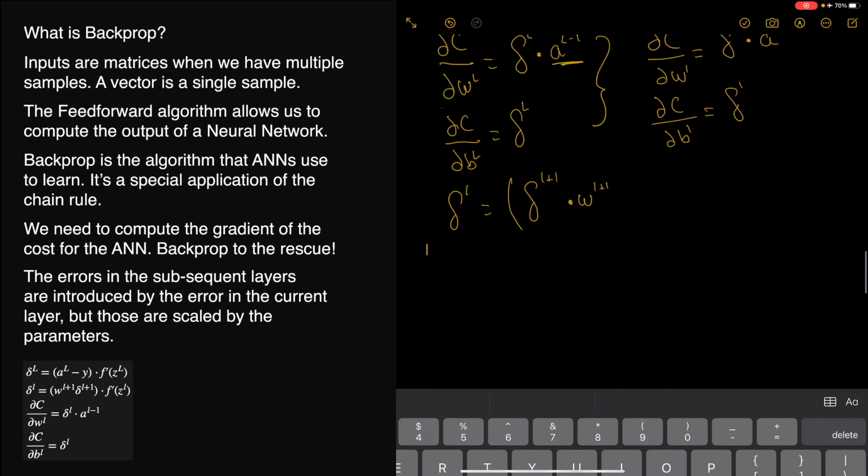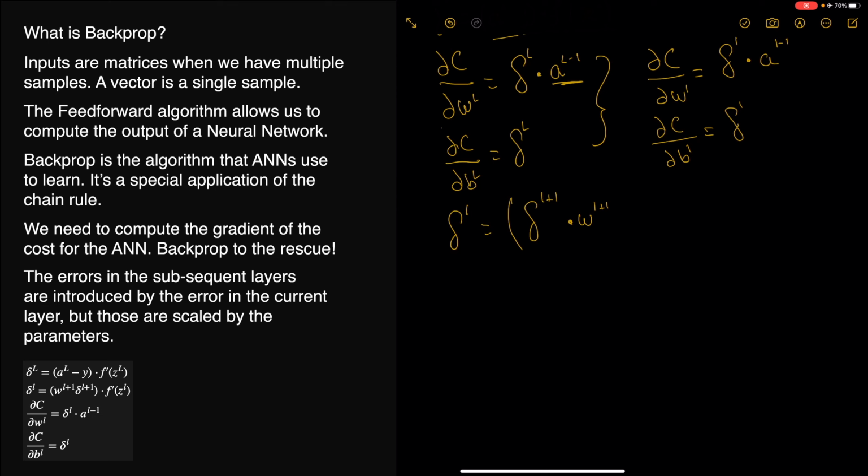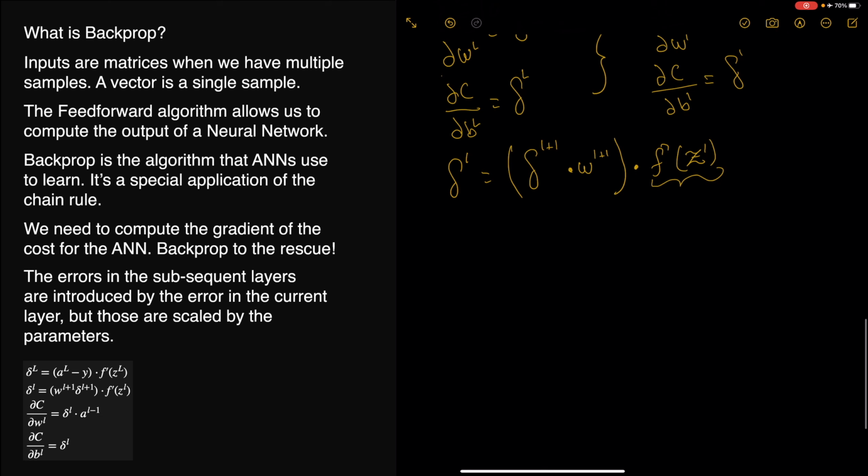And then we multiply it times what? Let's actually put a parenthesis here, and you'll see why later on when we go into the linear algebra. And this is going to be times the error that the activation function introduces, right? If we have this, can we compute the error at L minus 1?